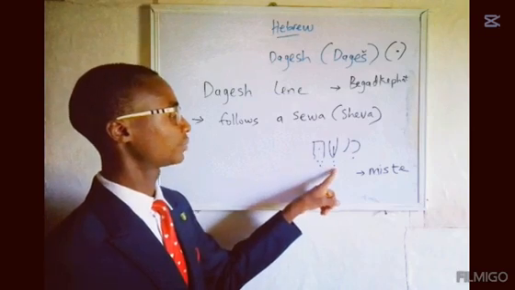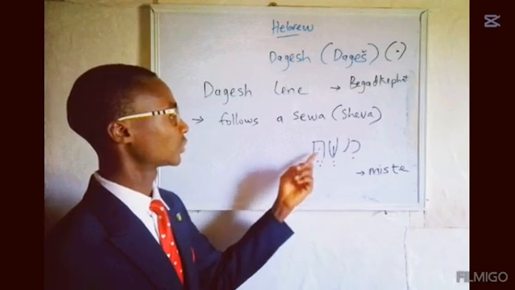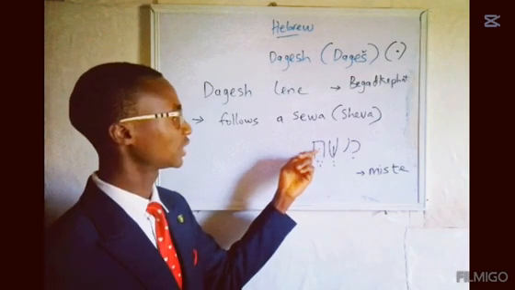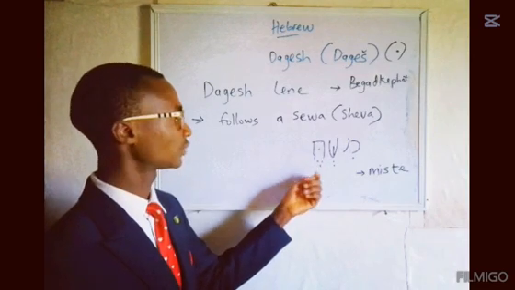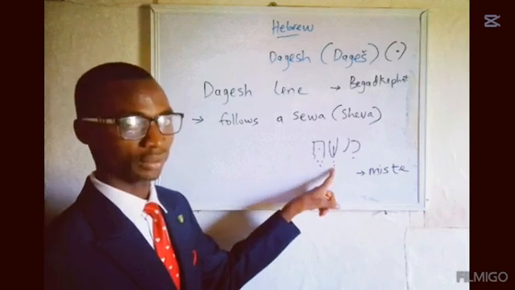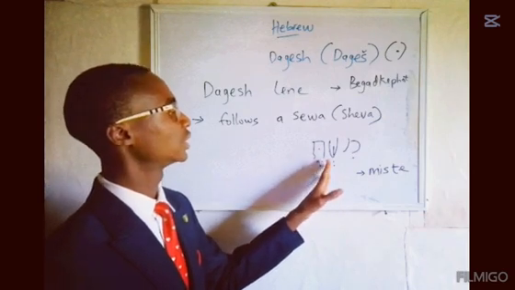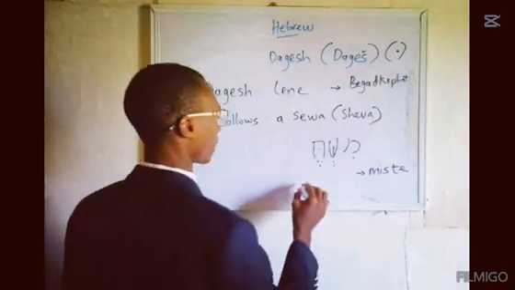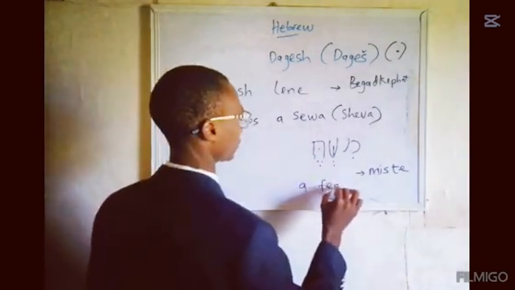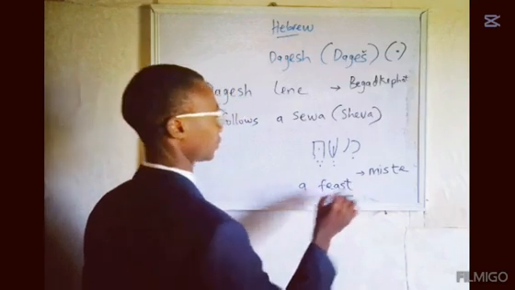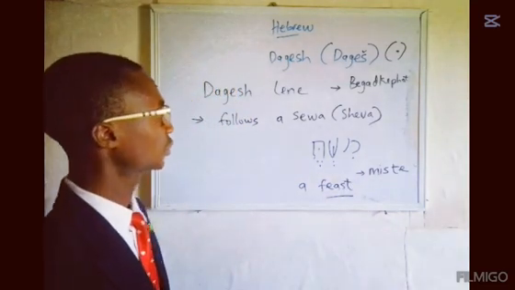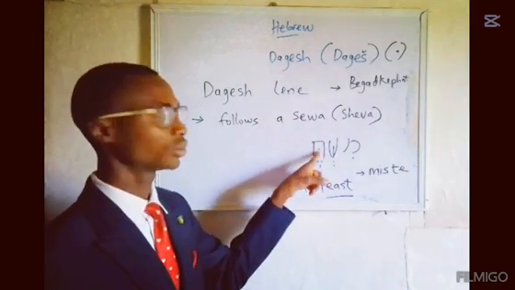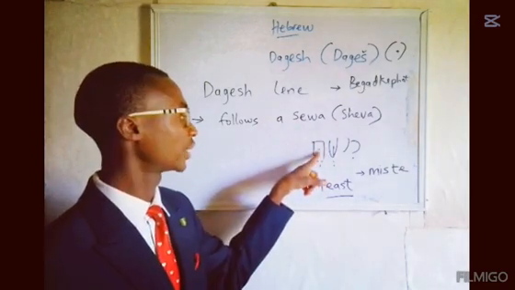This is Sheva. So this one is a Dagesh Lene because it follows a Sheva. This Sheva only divides the syllable and it means a feast. A feast. So that's one way to know which one is in a word.